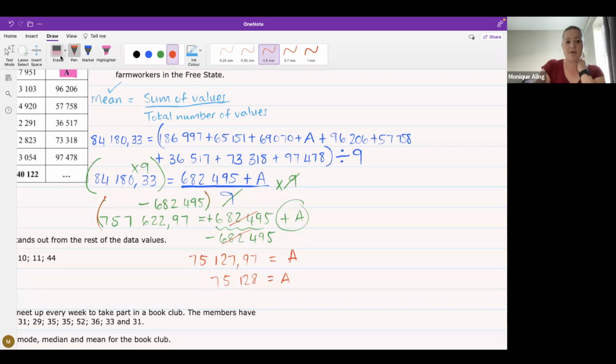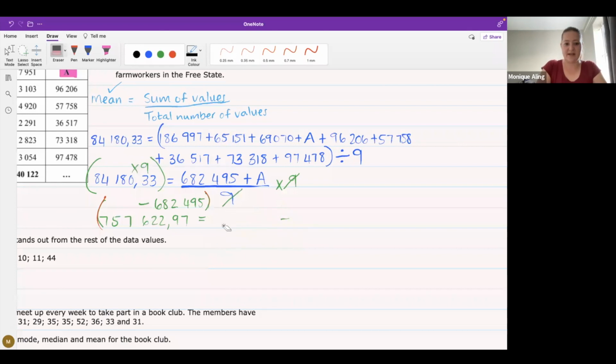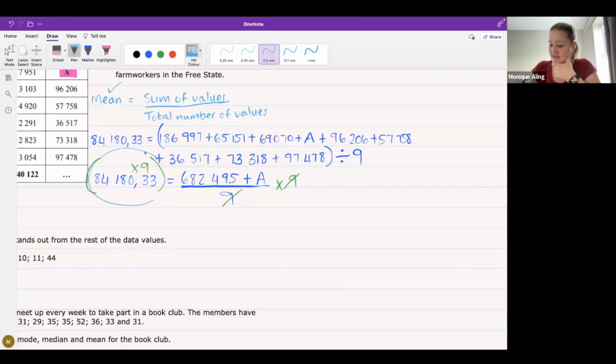Okay, so I'm going to do this part again quickly. So Katlego, you followed up until the blue, right? Everything was fine up until that point. We did this side where we had to times by 9 because we're trying to get rid of 9 on the other side.